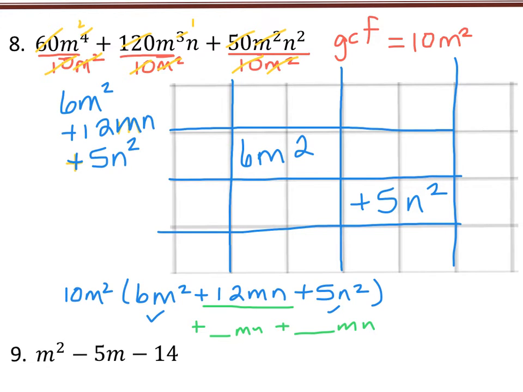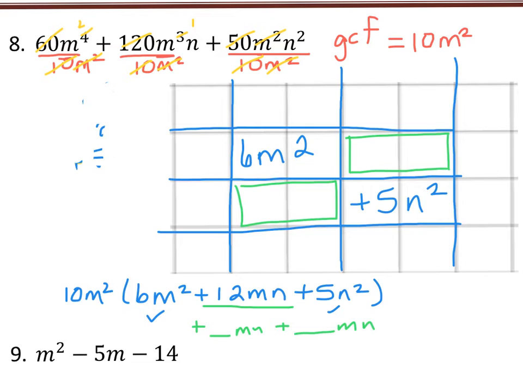And what we don't know is what goes in this box and in this box. But what we do know is that whatever goes in those two green boxes is the product of these two.